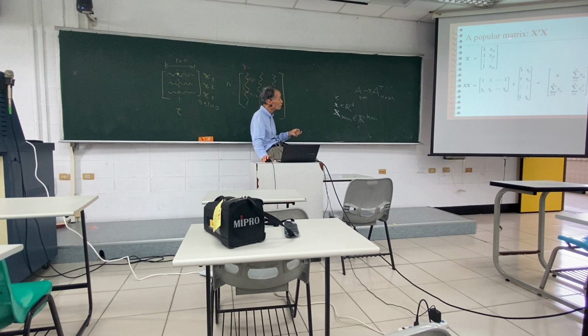It's a very popular matrix, A transpose times A. This is the result. This is the total number, this summation of, you can see something here. Usually you can see E transpose times E. This is another very important computation.